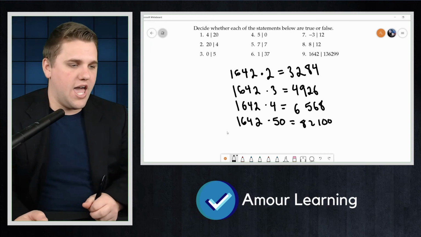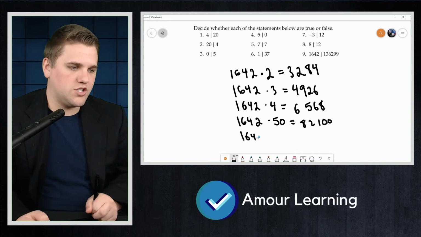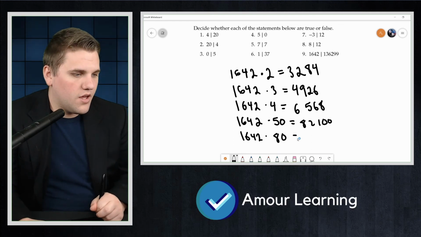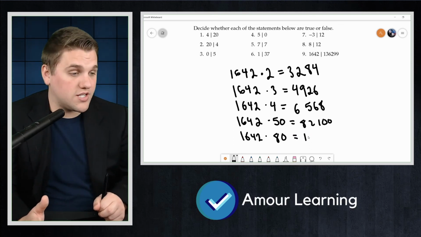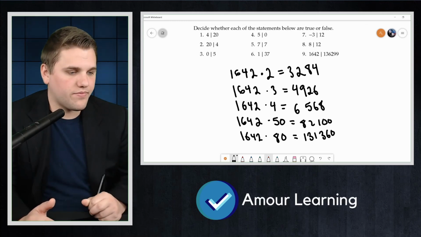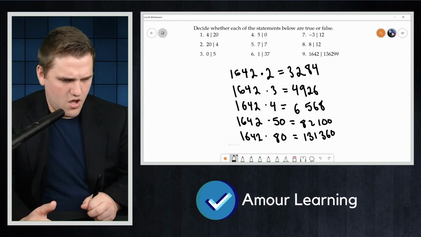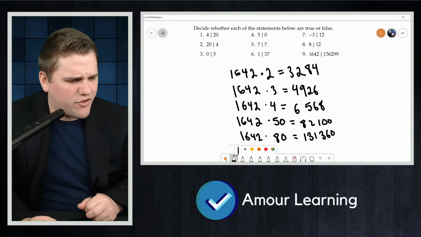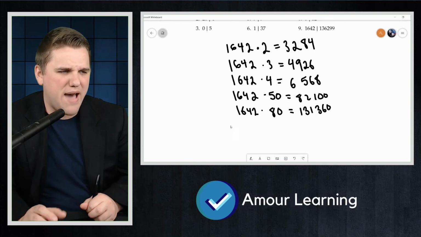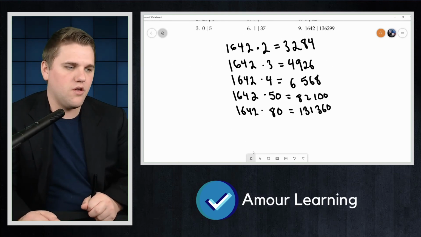Let's try 1,642 times 80. This is 131,360. Okay, we're getting kind of close here, but we're still a little bit off. We're off by about 5,000 now.